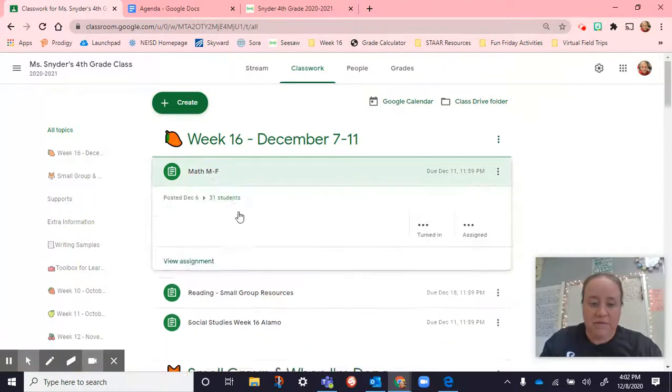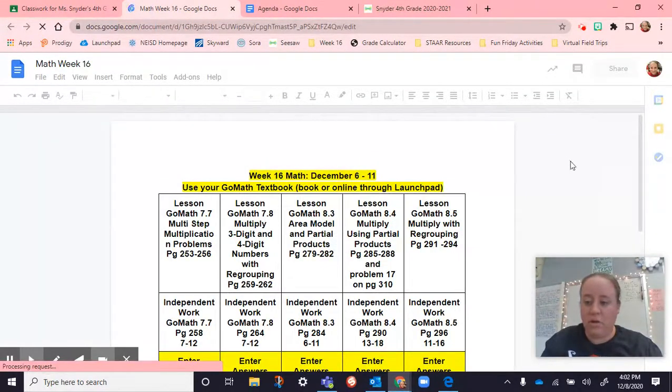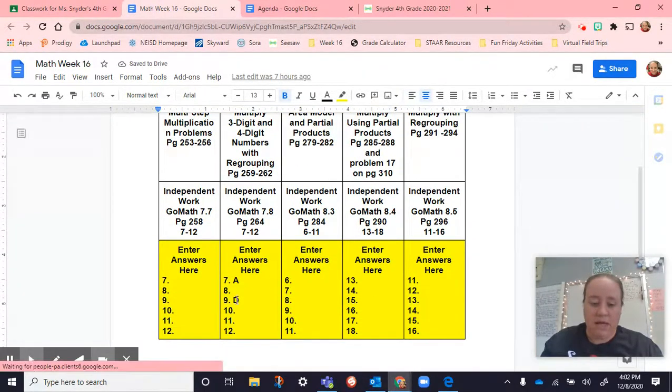This Math Monday through Friday, they're going to open this up, and they're going to go all the way down. I went ahead and put the answers that we did together, and then they need 8, 10, 11, and 12, so they fill in the rest there. So they did that for math, and there's the page numbers and everything.